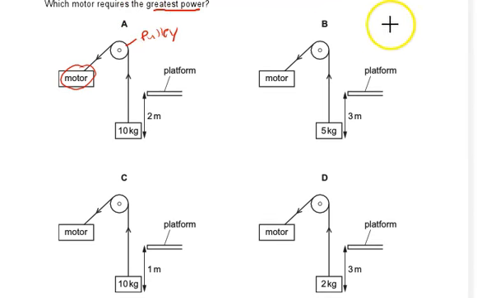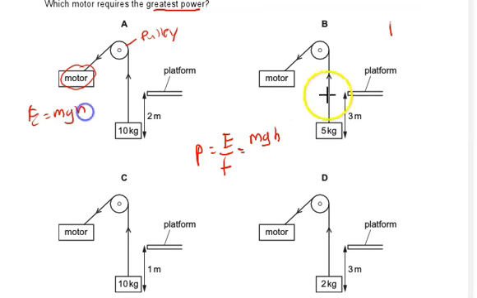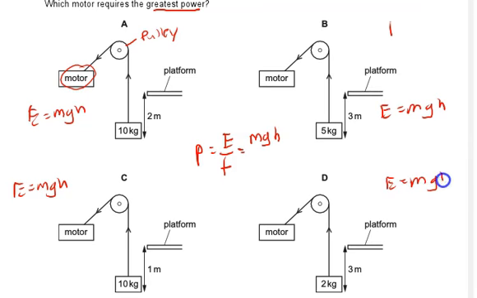Now the power is actually equal to energy over time. Since the time is all the same, we just have to calculate the energy here. The relevant energy here is the gravitational potential energy, so mgh. We have to calculate for all of these to make the comparison.